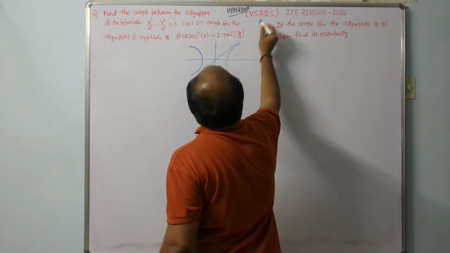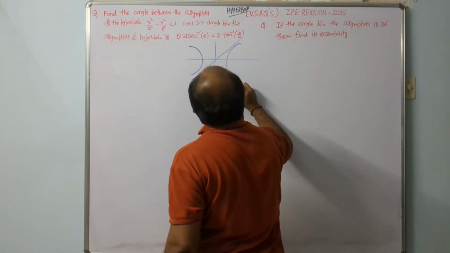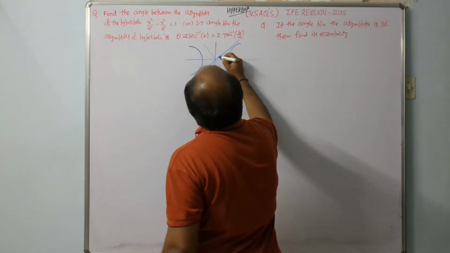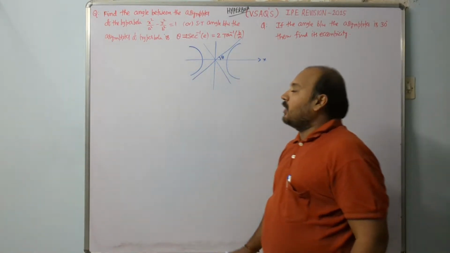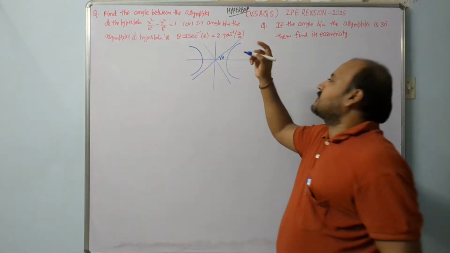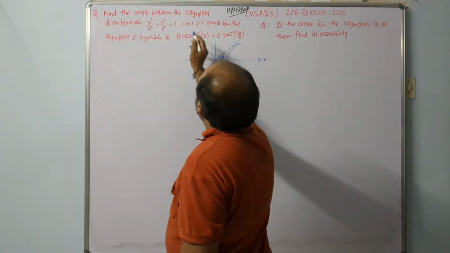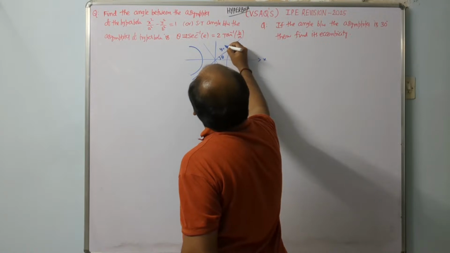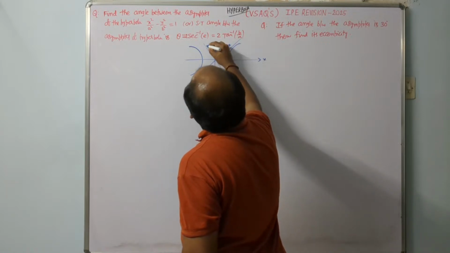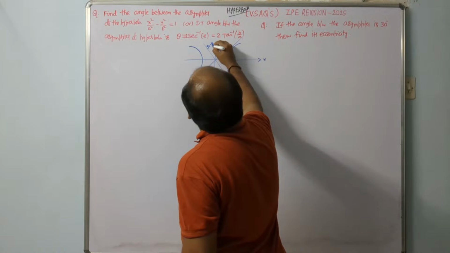This is one of the asymptotes. This is another asymptote which makes an angle theta with x-axis, the transverse axis of the hyperbola. So for this, y is equal to plus b by a x. This is y is equal to minus b by a x.